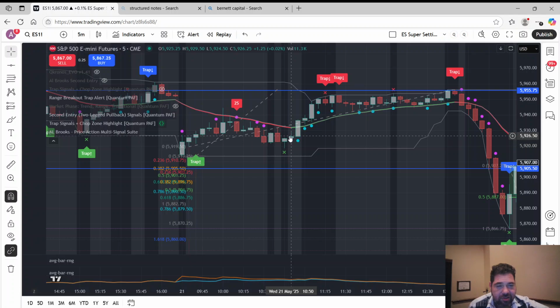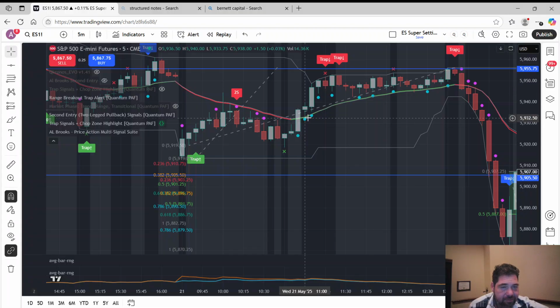Then the question is, is it going to follow through with the EMA? So you could set a profit target around the EMA over here. Let me just increase this. Close the trade. Get back in here on this shaved bar, because this is pretty solid evidence that you're going to have a continuation to the upside and probably even fill the gap.